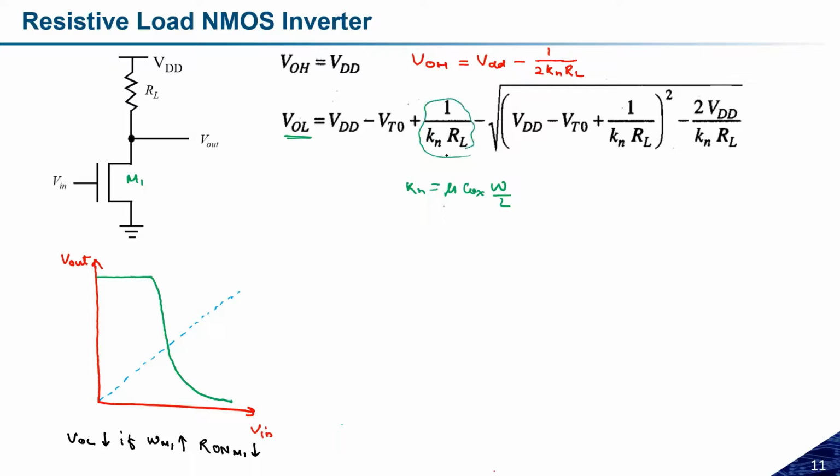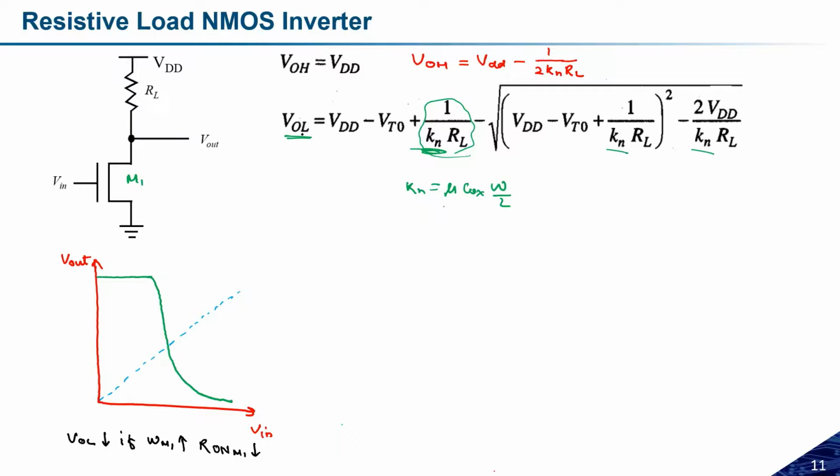Similarly, you can also calculate other parameters here, and accordingly you can calculate what exactly the VOL is. So this VOL completely depends on the sizing of transistor M1, because Kn is everywhere. All these factors decide the value of VOL.